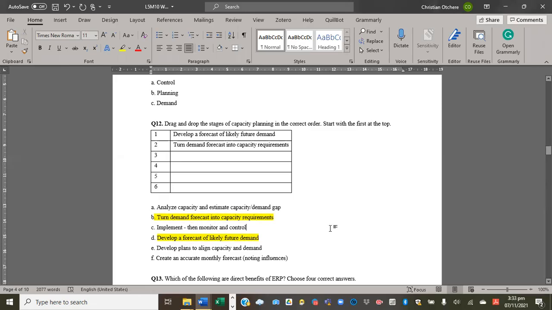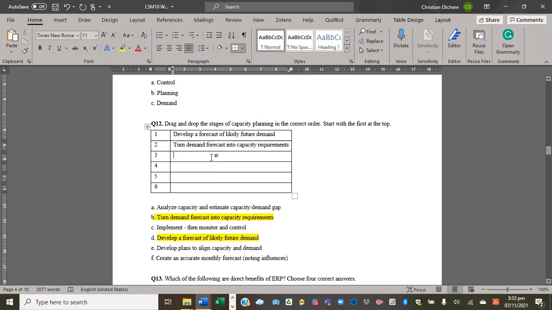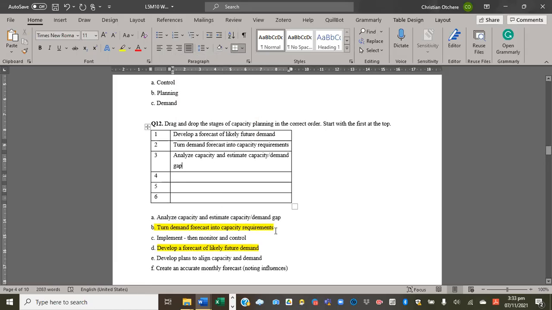Okay. So what do we do next? You analyze capacity and estimate capacity. Okay. So estimate capacity and demand gap. Okay. Then what do we do?